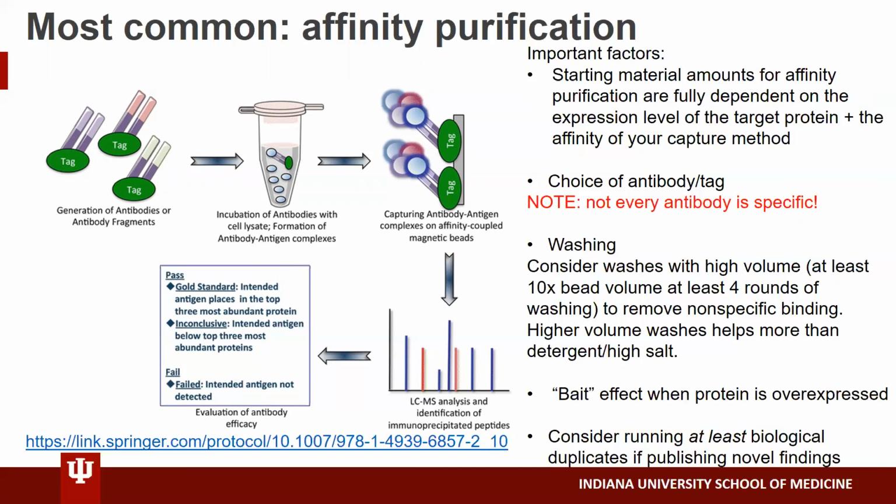If you're concerned that you're going to have too much antibody, there are some ways to work around that, but that's something that you can definitely discuss with us as well. There are a number of different options that we could do to try to avoid that type of contamination as well. One of the ones that I recommend most frequently is that you do a titration, so that you know the minimum amount of antibody that you need to use to pull down your protein of interest completely from lysate.